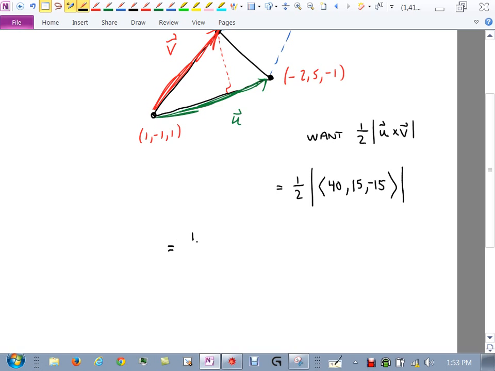So we have 1/2 times the square root of 1600 plus 225. So someone's going to have to break a calculator out. Let's get a decimal for this. You did the 1/2?